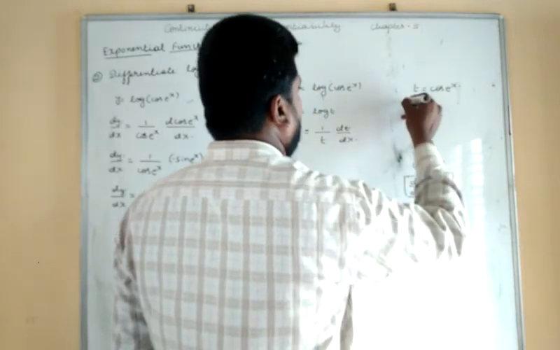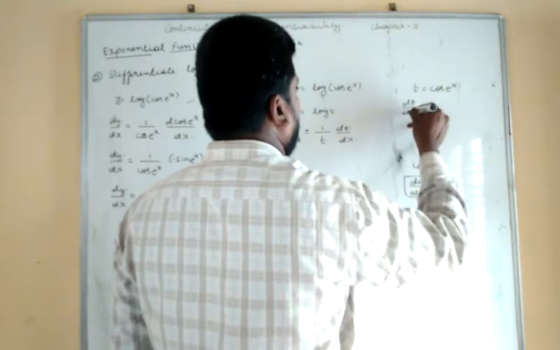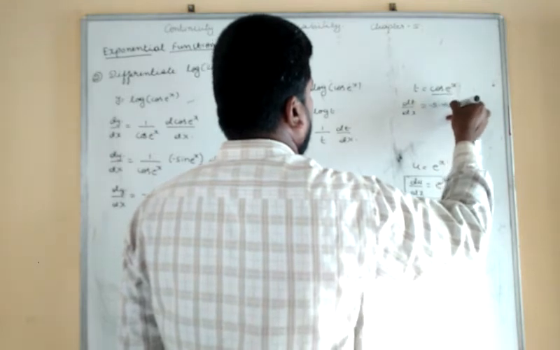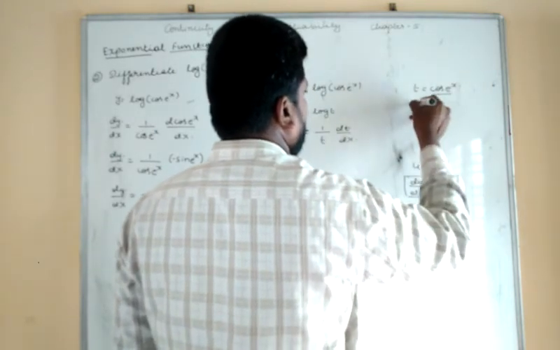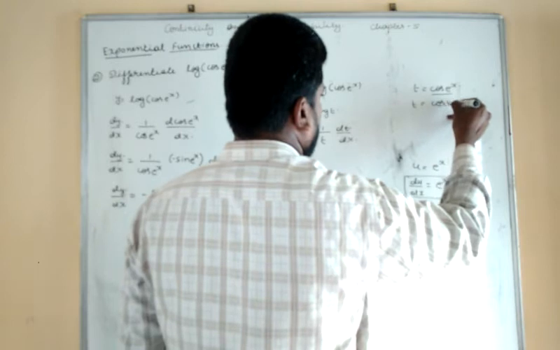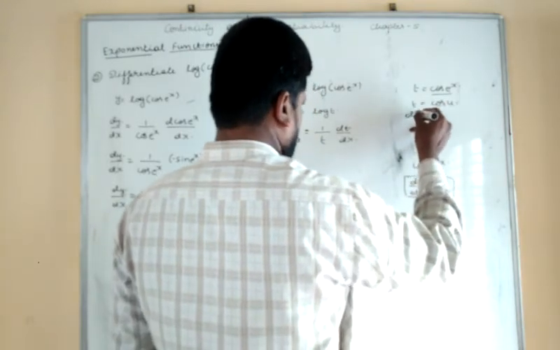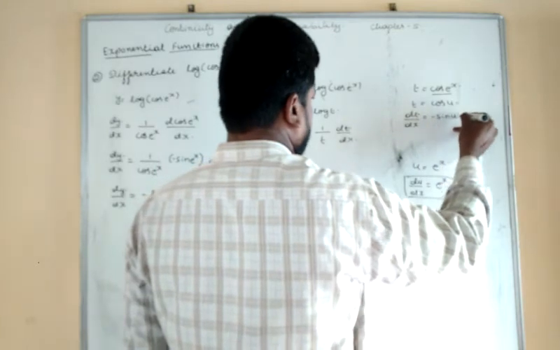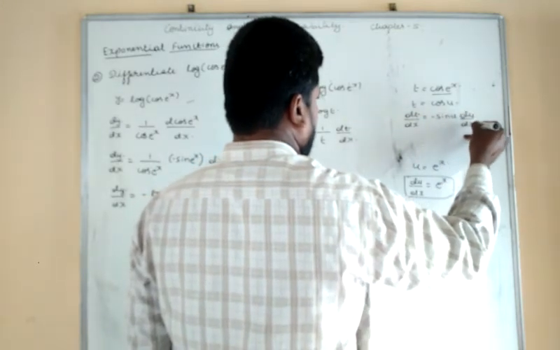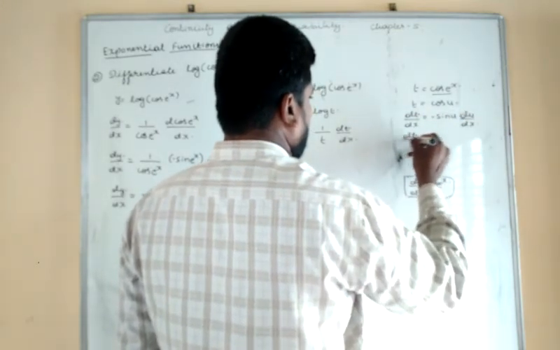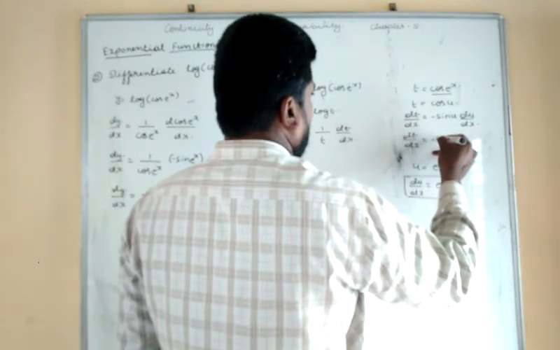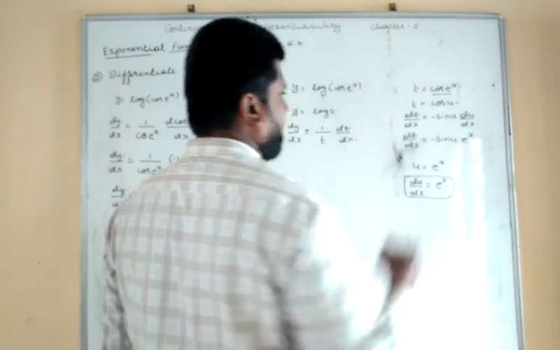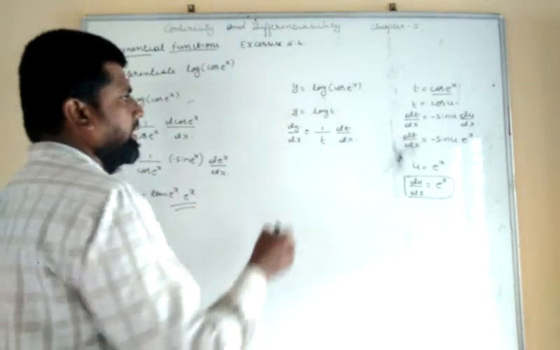Then dt by dx is equal to cos differentiation, which is minus sine. Let us substitute here first: t is equal to cos u. Differentiation of t with respect to x is equal to minus sine u, again du by dx. So dt by dx is equal to minus sine u, du by dx means e to the power of x. And substitute in this.